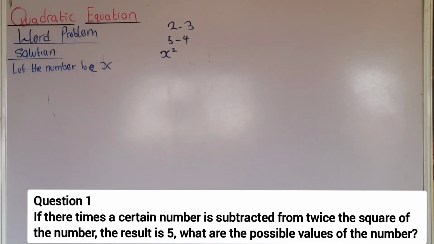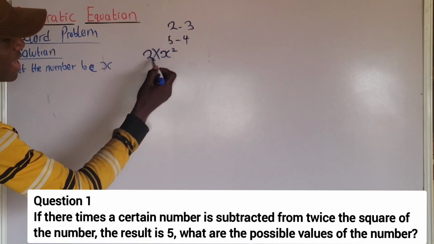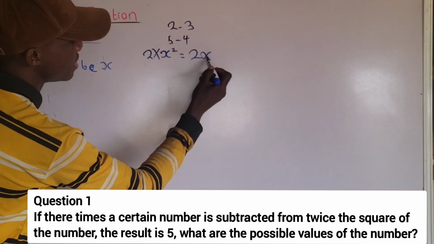So the square of x is what? x squared. You understand? So if you look at that statement, twice the square of the number, twice means the number is multiplied by 2. That is 2x squared.